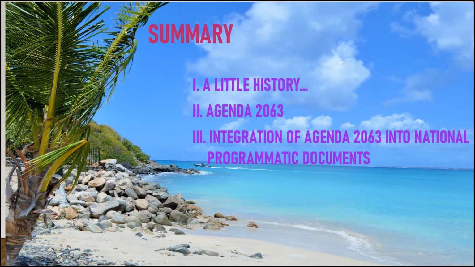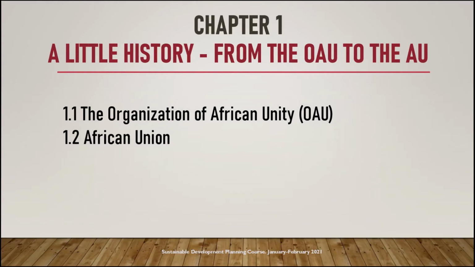The second one is devoted to Agenda 2063, and the third one is about the integration of Agenda 2063 into national programmatic documents. So let's start with the first chapter, a little history from the Organization of African Unity to the African Union.